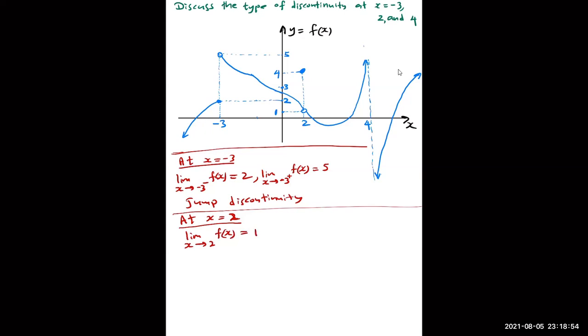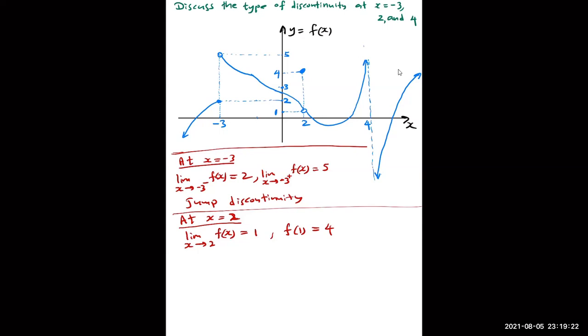When x approaches 2 from both sides, your y value is approaching the same value, which is 1. But your function value is 4, which is different from the limit value.